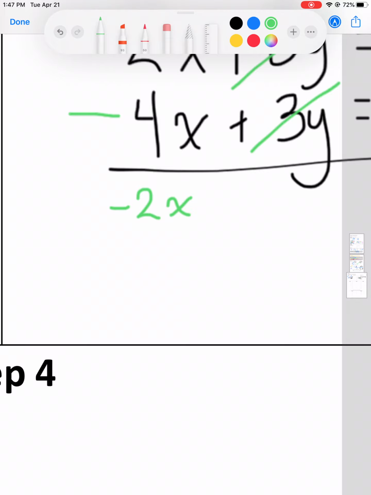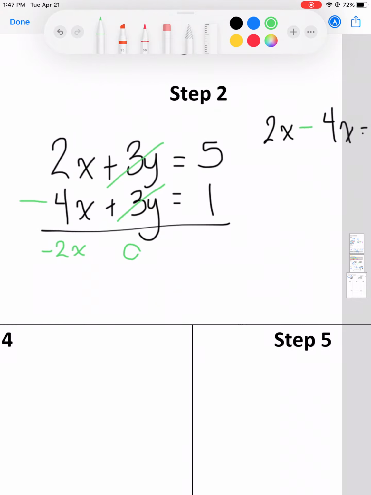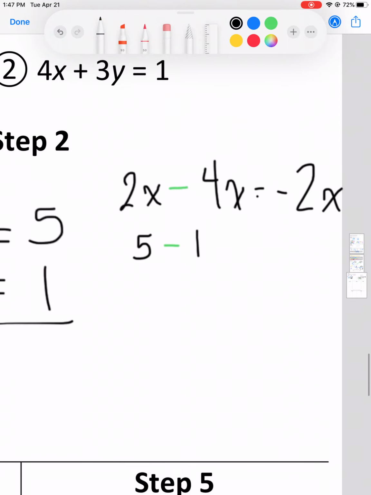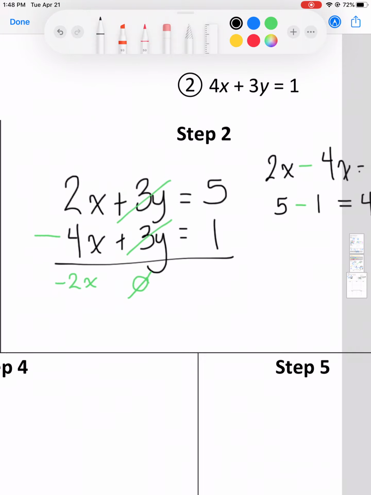I'm going to do it in green. This is 0. And then 5 minus 1. Just 4. Cool. So this is our new equation. Negative 2x is equal to 4.